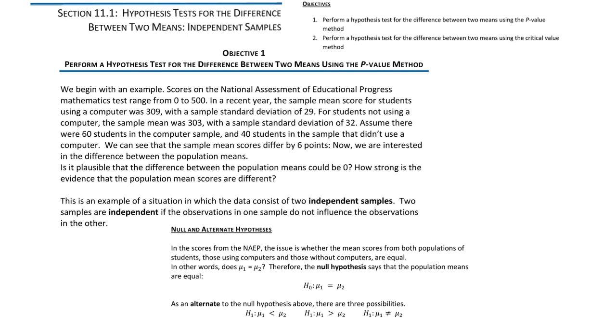So let's look at this using an example. The scores on the NAEP math test range from 0 to 500. The sample mean score for students using computers was 309 with sample standard deviation 29.